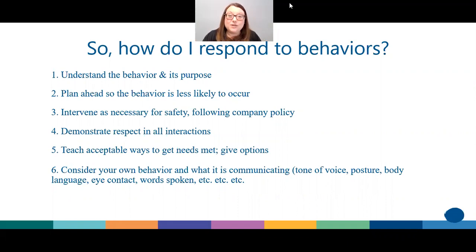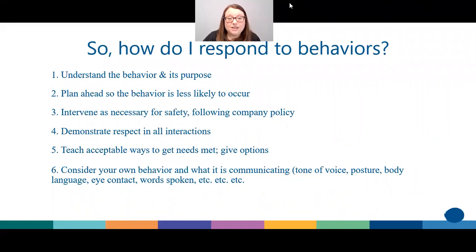Think about taking a yoga class. If you were to take a yoga class from a teacher who was talking really fast and really loud and really high, that would not be relaxing. But if the teacher is talking very softly, very slowly, in a lower register, you automatically are going to feel more relaxed as well.